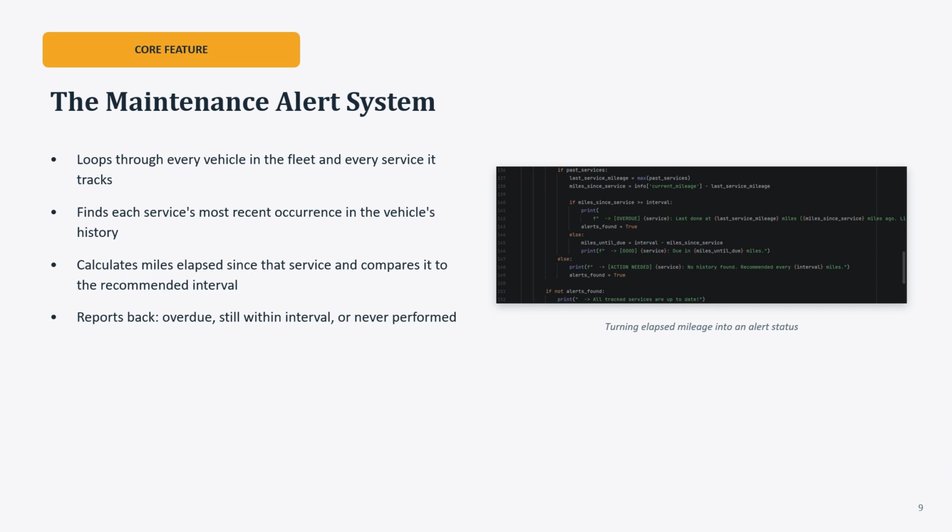It then finds each service's most recent occurrence in that history, calculates the miles that have elapsed since that service, compares it to the interval that you have recorded inside of the program, and then it tells the user whether it's overdue for that service, whether it's safe, or it's never even been recorded inside of the program.